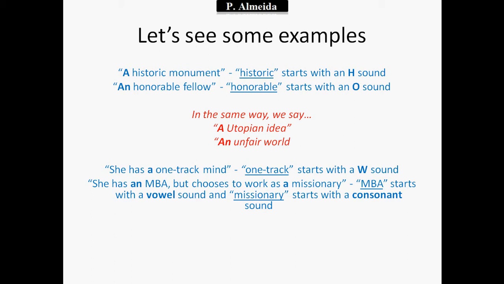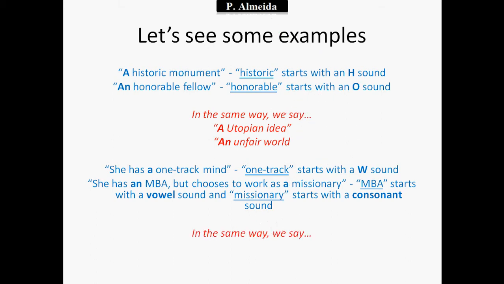Now, MBA, although M is a consonant, it starts with a vowel sound because it looks like I'm saying EM, MBA. So it starts with a vowel sound, so I do AN, an MBA. And missionary starts with a consonant sound, so I'm going to do an A, okay?